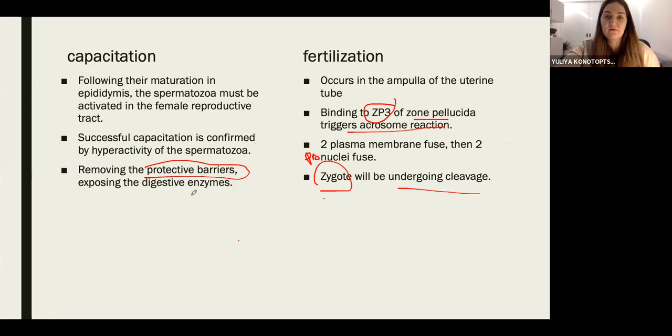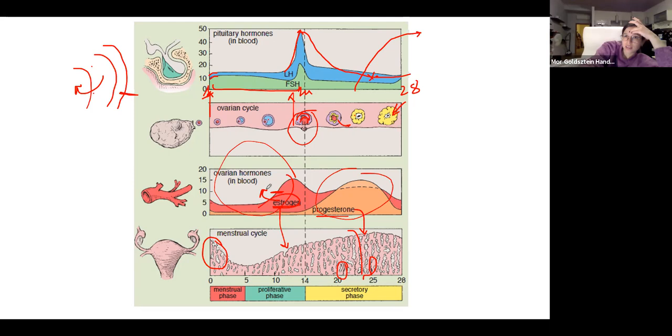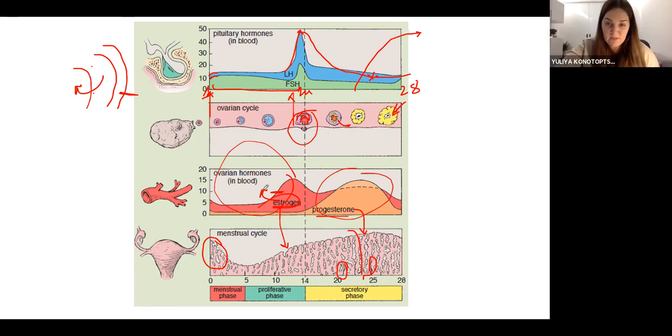So if I go back to this picture here, during the estrogen phase, in the epithelium of the fallopian tube, which cells are dominant? Ciliated or PEG cells? Ciliated. Why are ciliated cells dominant here?